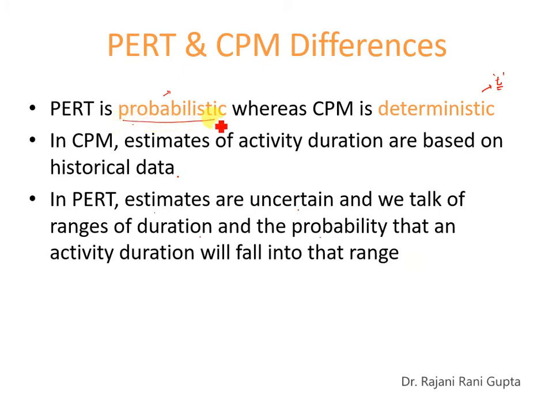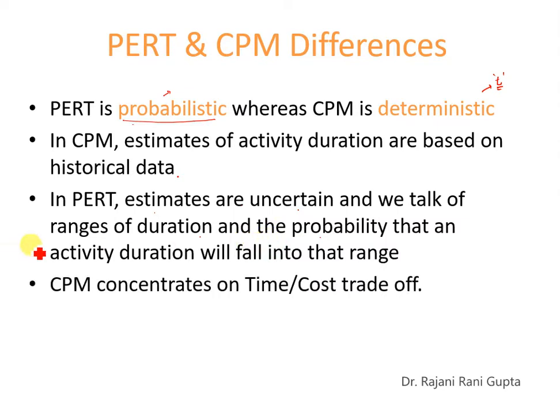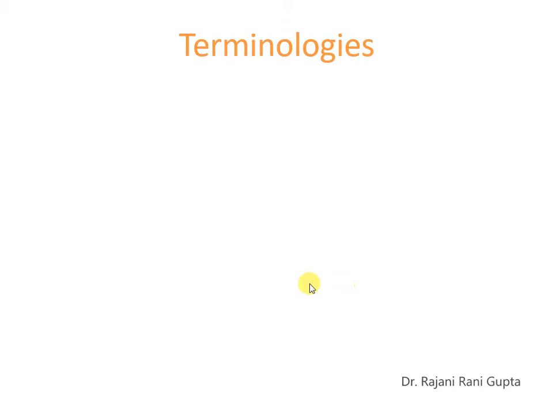Whenever we talk about probability, it means we are just estimating the time and saying that this activity will get completed in that duration. Then CPM concentrates on time and cost trade-off. So these are the basic differences.